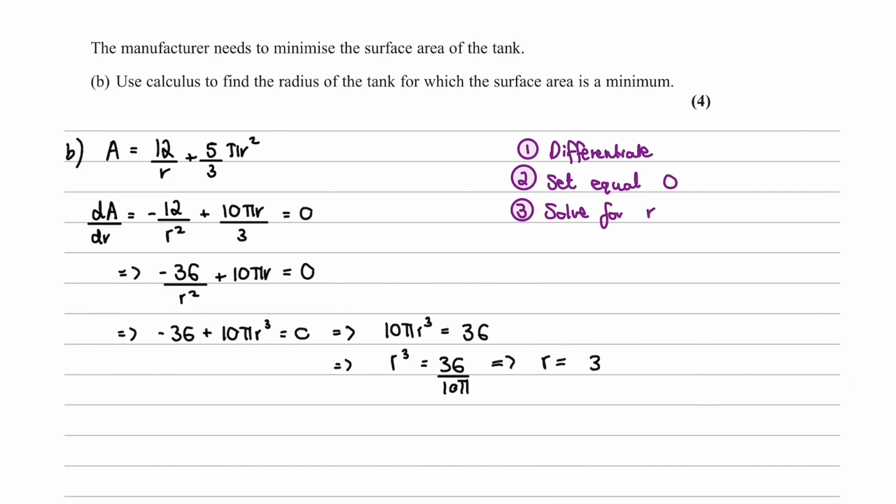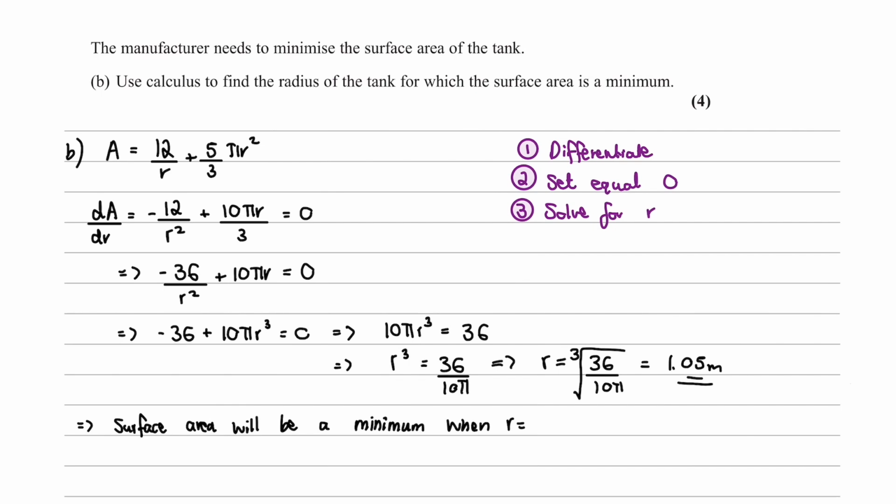So we'll have 36 over 10 pi, and then we take the cube root of that, and putting that into our calculator, we get 1.05 meters. So we can therefore conclude that the surface area will be a minimum when r is equal to 1.05 meters.